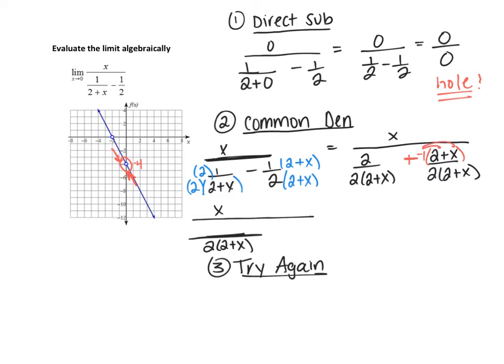So I'm going to distribute this. So the top is 2 minus 2 minus x. So these cancel, 2 minus 2. So we have, I'm just going to put a big equal sign there, x stays on top, and the bottom is -x over 2 plus x.